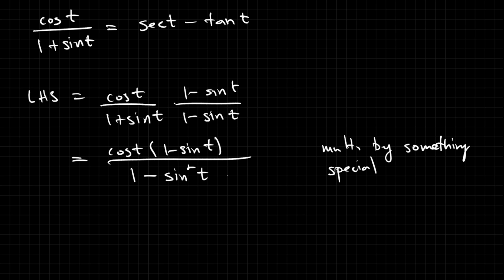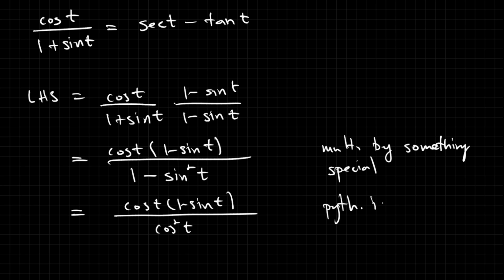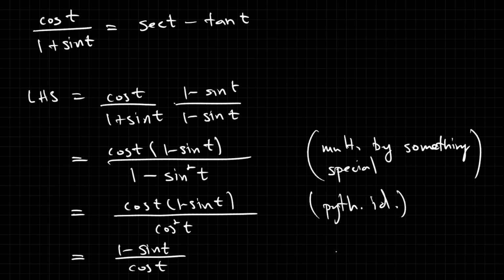And now in the denominator, I can use the Pythagorean identity. I get cosine t times 1 minus sine t divided by cosine squared t. And I can cancel one copy of cosine, and I get 1 minus sine t over cosine t. So that's just algebra.